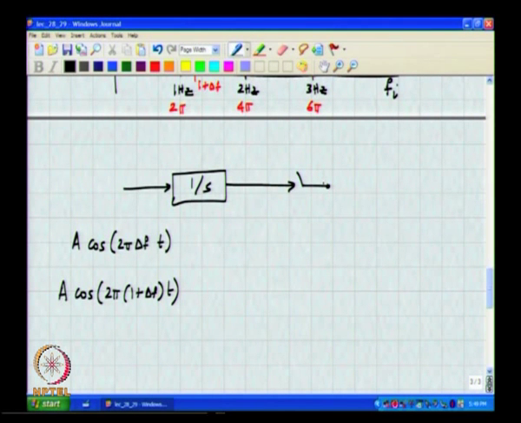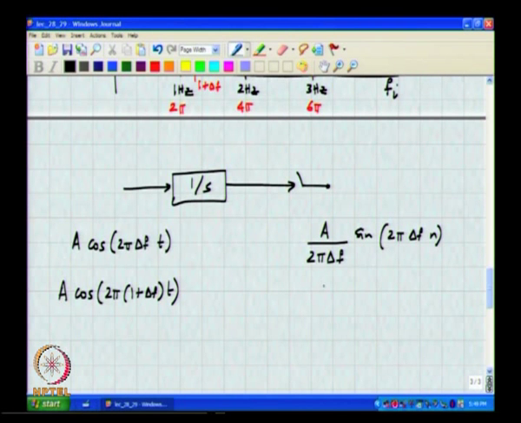After sampling, what happens to the first tone? The amplitude is A by 2 pi delta f sin 2 pi delta f times n.